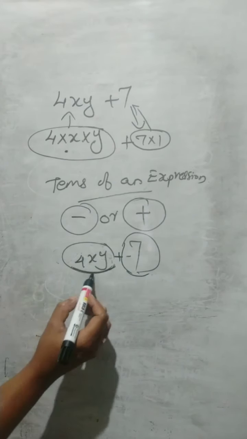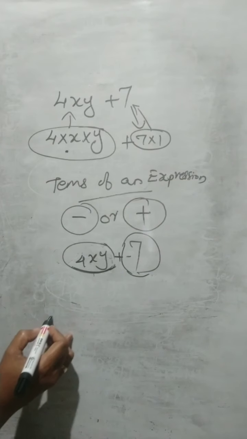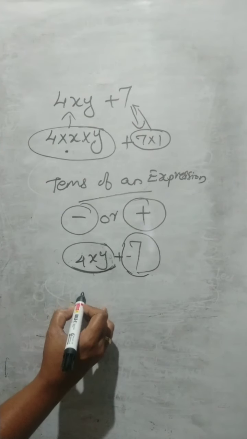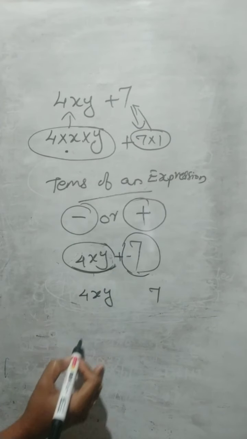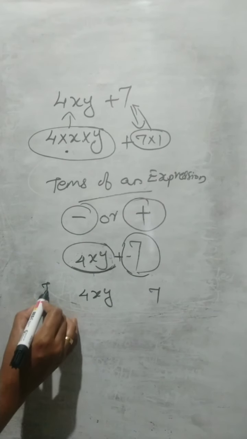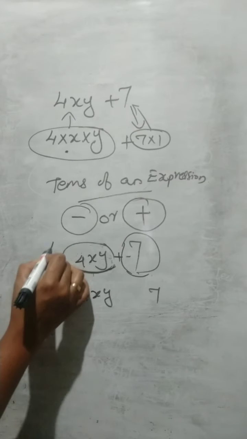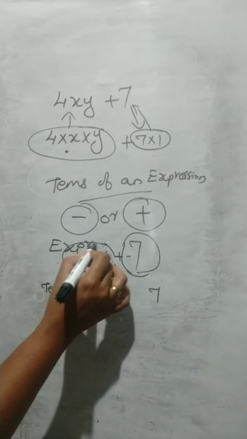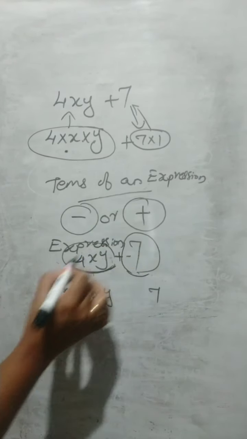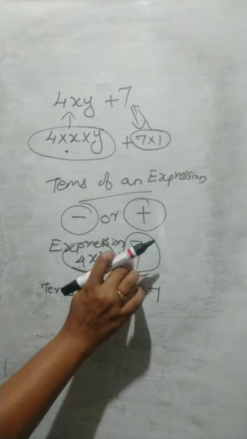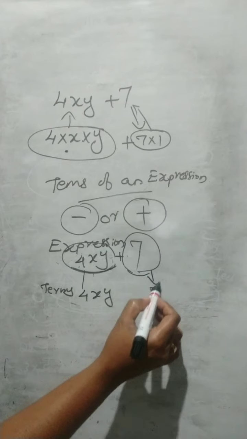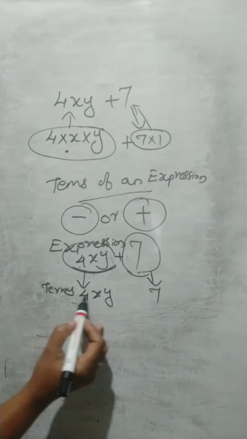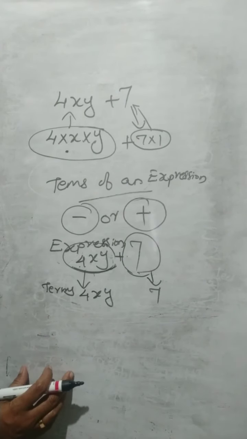Now we can write the factors of these terms. That is 4xy and 7. These are the terms. This is the expression. What is the expression? 4xy plus 7 is the expression. Then two terms are there. One is 4xy and another one is 7.